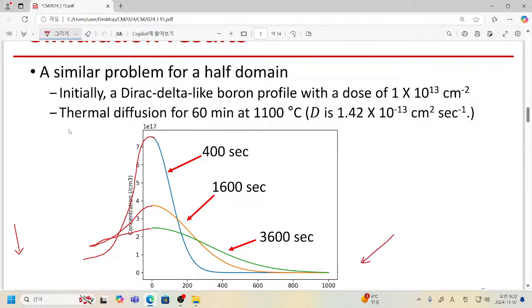However, although it looks quite similar, right now we are saying that this is the boundary of our simulation domain. So if you just apply the previous boundary condition, then the value at this point can never change.